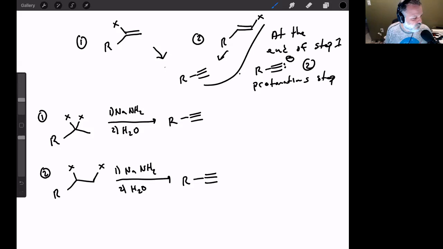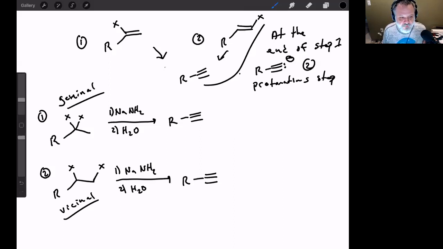All right, so the one with the halogens attached at the same position is called geminal. These are geminal dihalides, and this one is vicinal dihalide. But they're both, at the end of the day, dihalides. And they specifically have to be either attached to the same carbon or on adjacent carbons in order for this reaction to work.